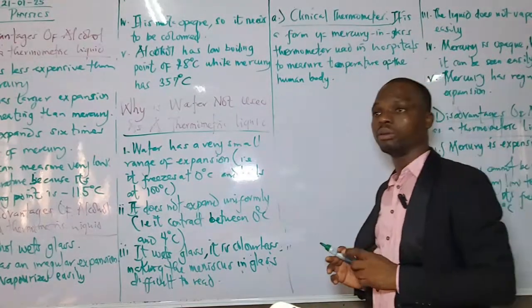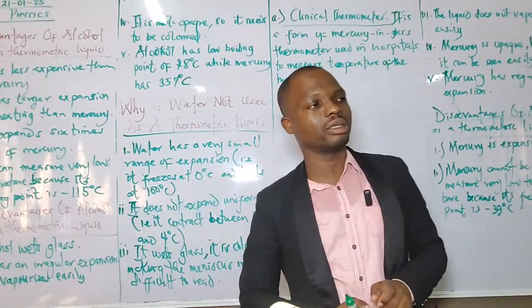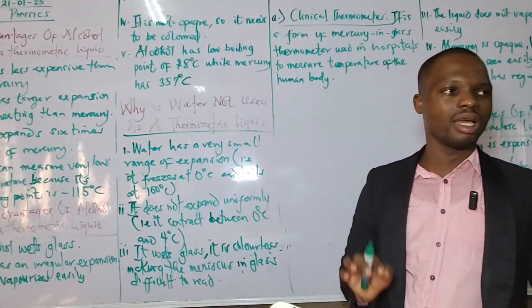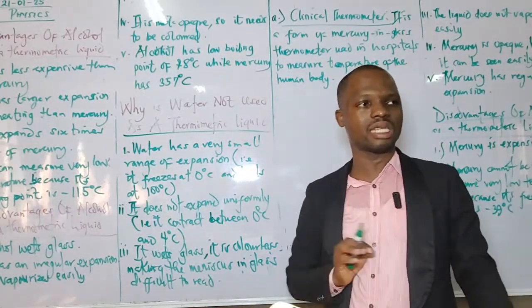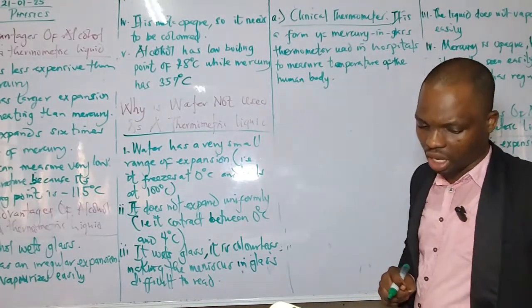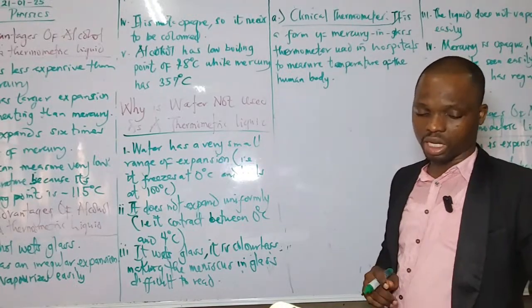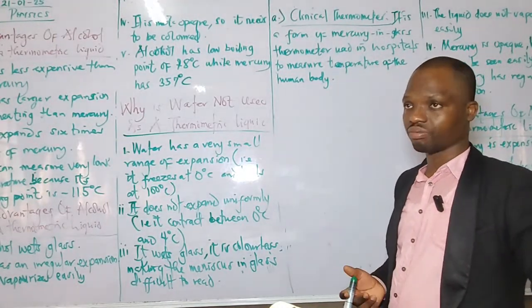For a normal, healthy person, the temperature is always around 37 degrees Celsius, and it may rise to 41 degrees Celsius in cases of high fever.